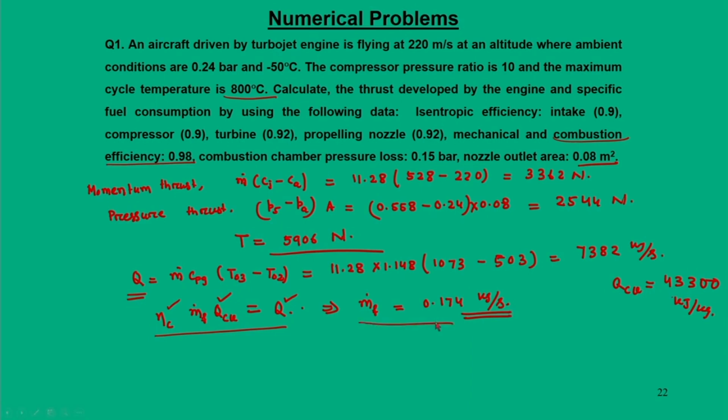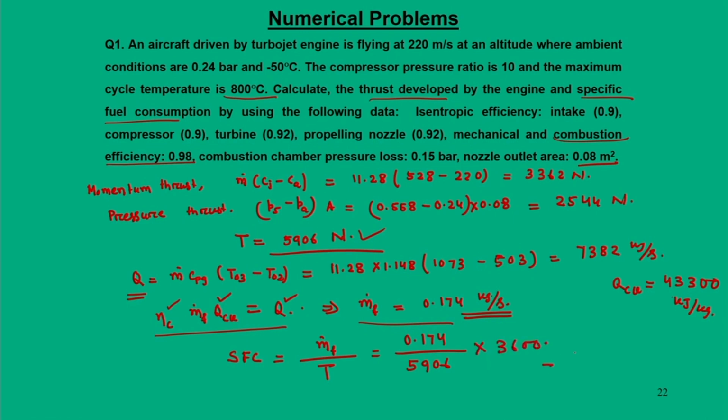Now we have got this mass flow rate, then we can calculate. First thing we calculated is the thrust developed, which is this. Second part is specific fuel consumption, SFC. SFC is equal to m dot f divided by thrust, that is 0.174 by 5906. So it is in kg per second, so I have to multiply it by 3600.